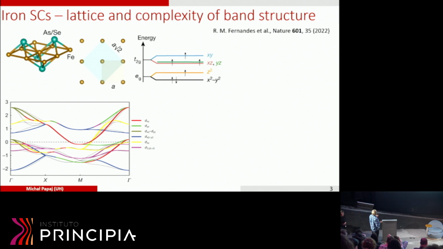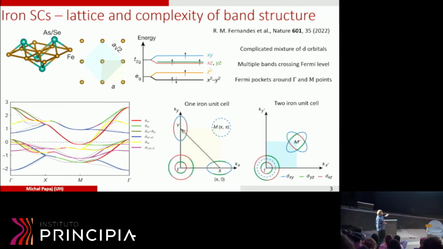This is exemplified when we look at an example band structure. Close to the Fermi level, we have multiple bands with complicated orbital texture. So dxz, dyz orbitals, dxy orbitals, they all play a role here. This is the reason why we often resort to unfolding the 2 iron unit cell, so this is the Brillouin zone for the 2 iron unit cell, into a 1 iron unit cell.